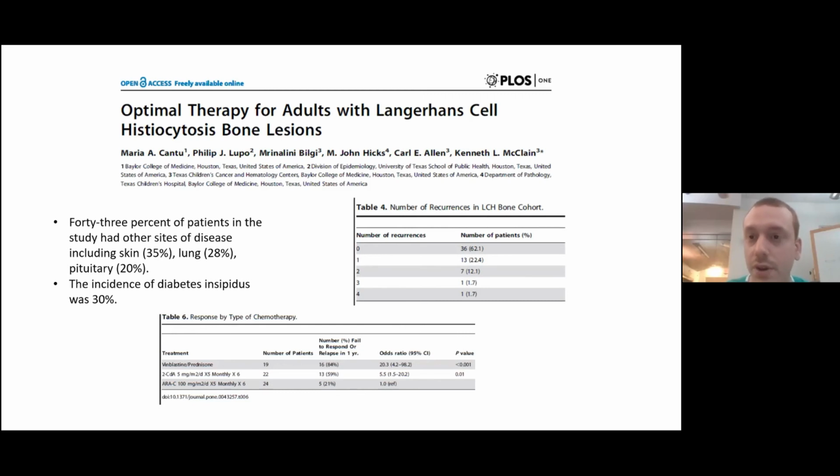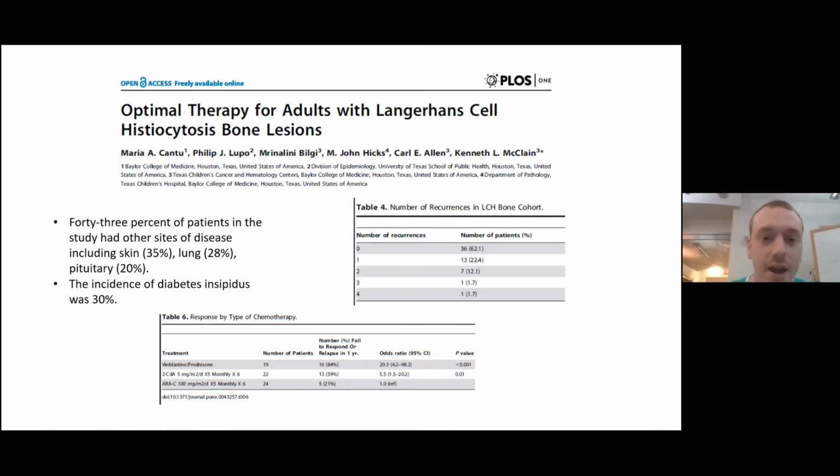This series was 38%. Although they agree that for single lesions, the treatment of choice is total excision, there are also systemic therapies for patients with multiple lesions. They compared different chemotherapy regimens, which included vinblastine and prednisone, which is usually used for pediatric patients.